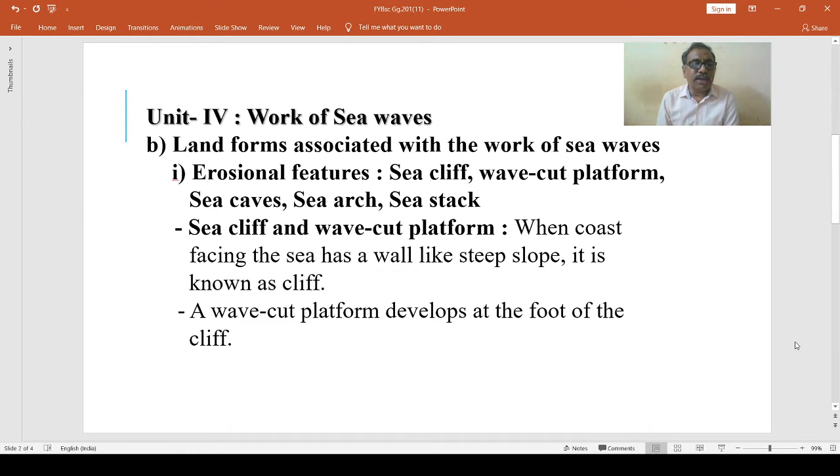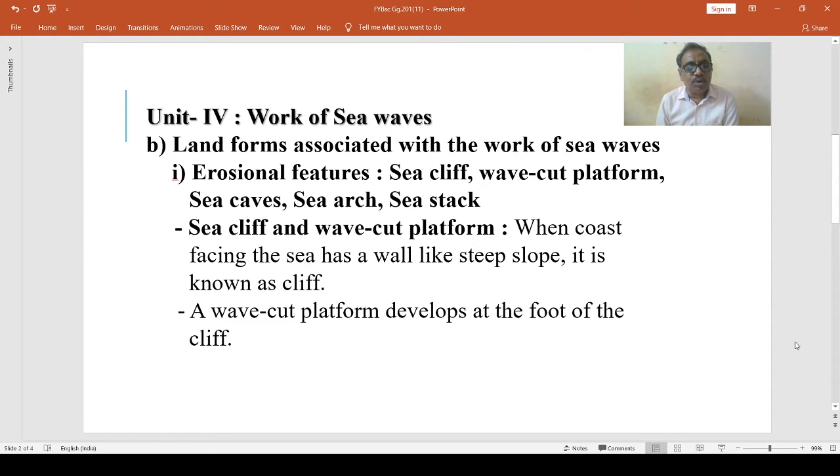If the coastal rocks are hard and massive, they are eroded very slowly and form steep cliffs. Similarly, cliffs are also formed of soft rocks like limestone and sandstone, but these are eroded very easily and hence recede very quickly.